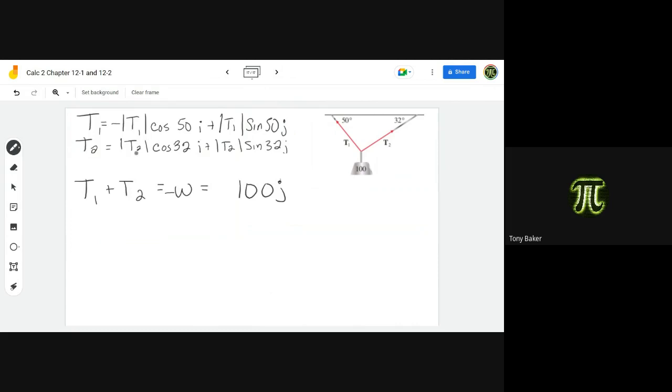So I have T2 cosine 32 minus T1 cosine 50 I plus T1 sine 50 plus T2 sine 32 J equals 100 J.